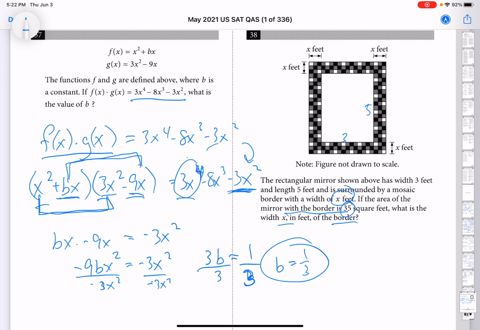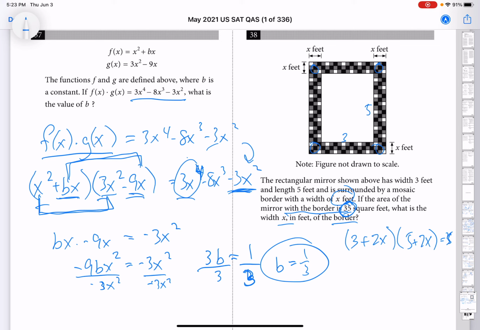They said the area of the mirror with the border is 35. So how can I get 35? It's going to be plus an x here, plus an x here. So this is like saying 3 plus 2x times 5 plus 2x, and that should equal 35.